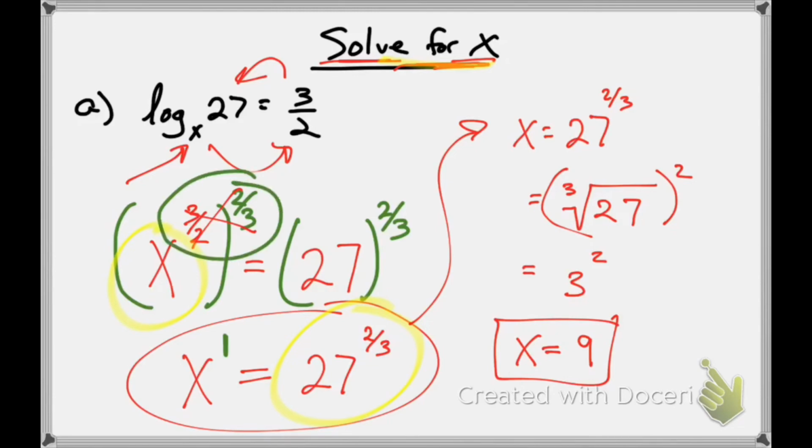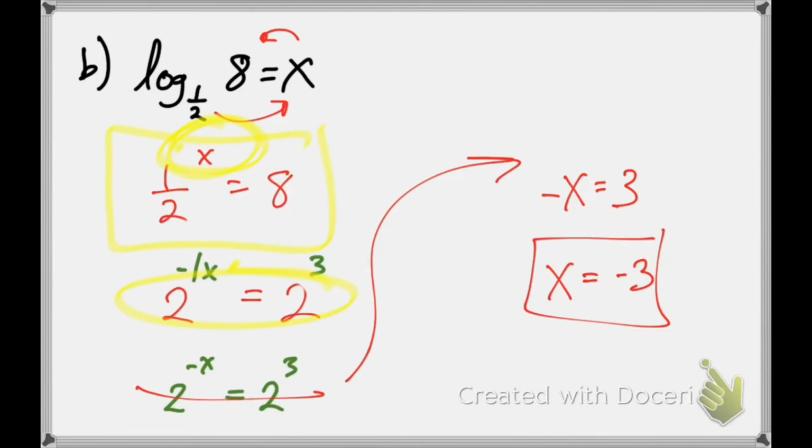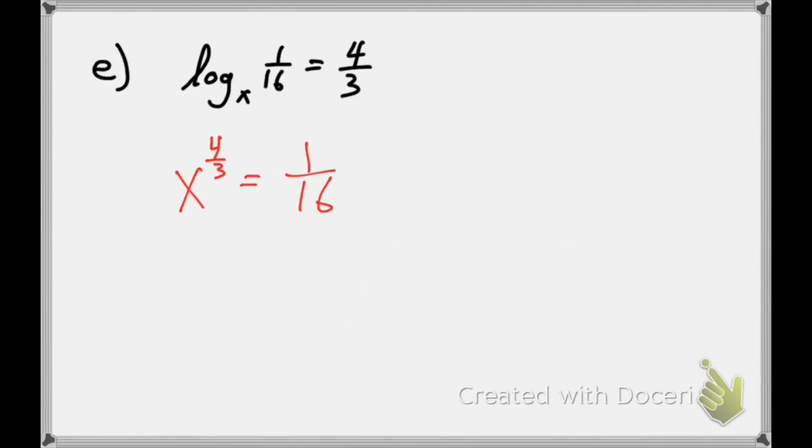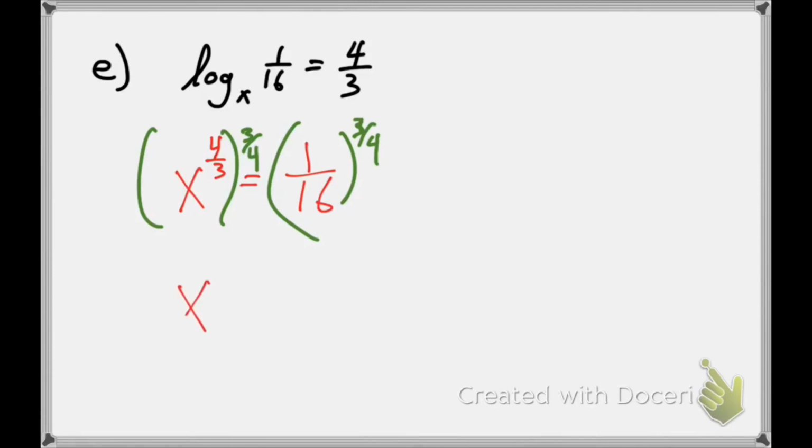So I multiplied these two together. I got x to the 1. I did it to both sides and then solved for x. So when the x is not in the exponent, like this, when it's actually in the base here, that is when you're actually going to multiply by the reciprocal to both sides, and then that will give me x to the power of 1, because 4 times 3 over 4, 3 times 4 is 1.